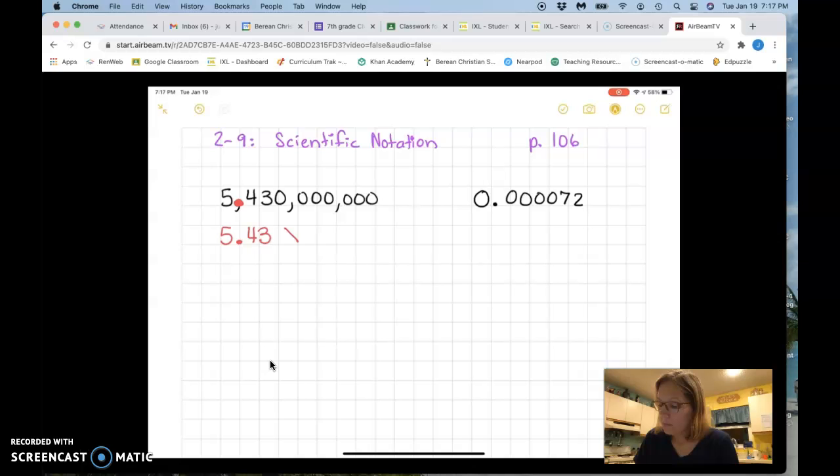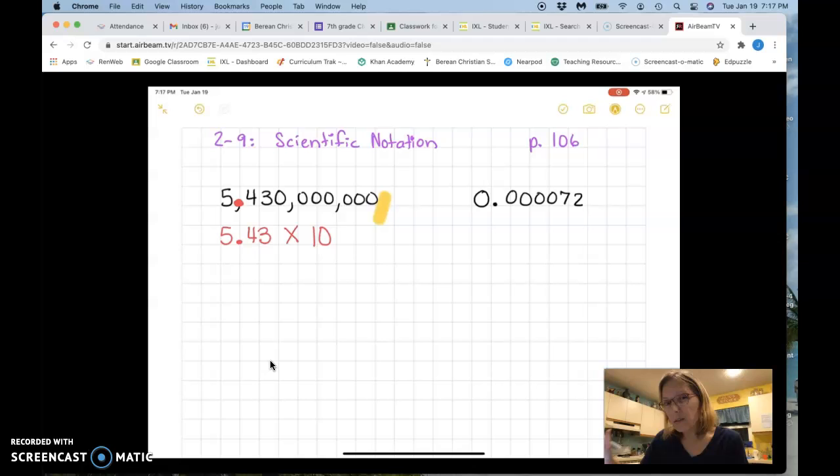And then I'm going to use my scientific notation, which is times 10 to the something power. So I'm going to use an exponent on my 10. And the exponent on my 10 is going to be the number of spaces that I moved my decimal over. So remember, there's always an imaginary decimal sitting right here at the end of a number.